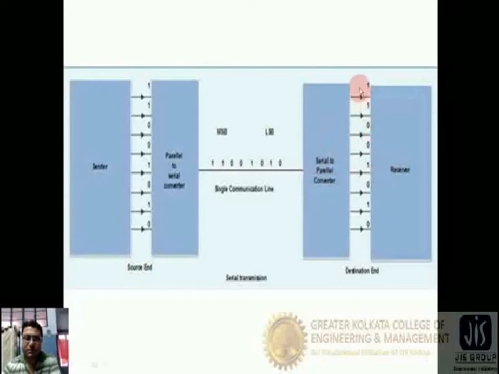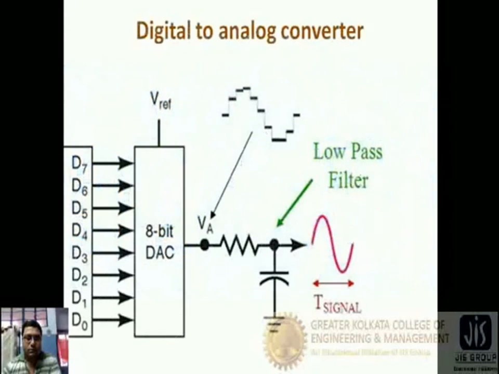So this is the reverse conversion process. We have discussed how the analog signal is converted into a digital signal, and how the parallel digital data is converted into serial data with the help of a parallel to serial converter.